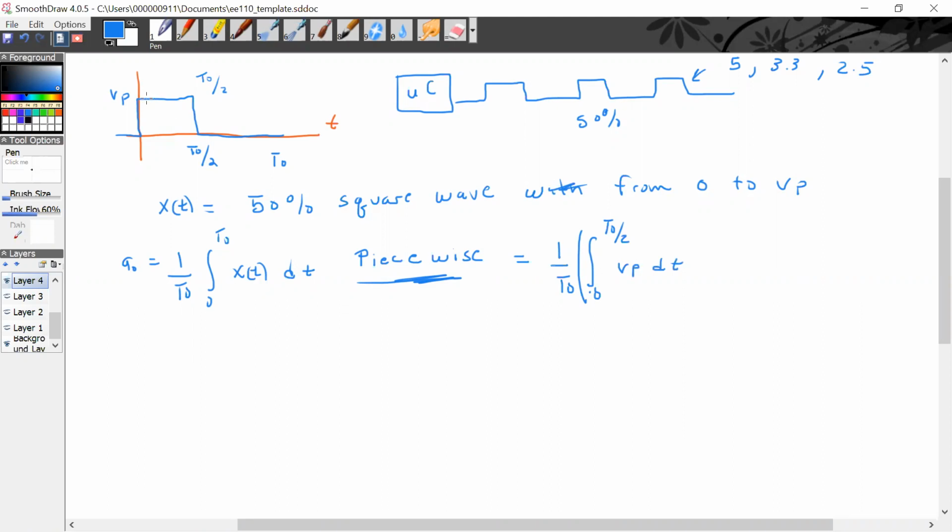So the first half, right, is just a constant in that region, Vp dt, right? All right, and so we break it up. And so often what can happen is you might forget where's that 2 coming from. And it's really because we're just only integrating up to here. The rest is 0. So we just ignore it.